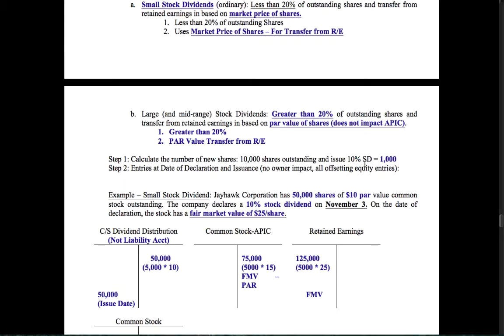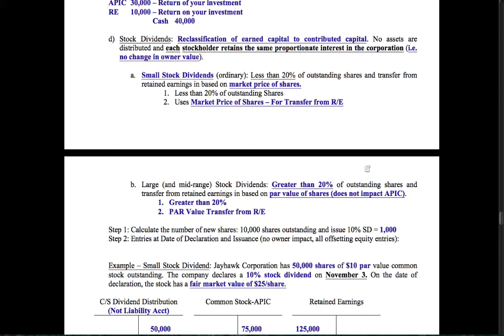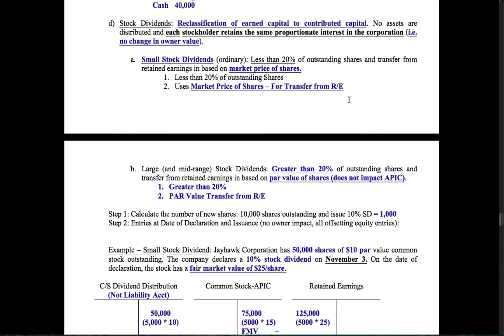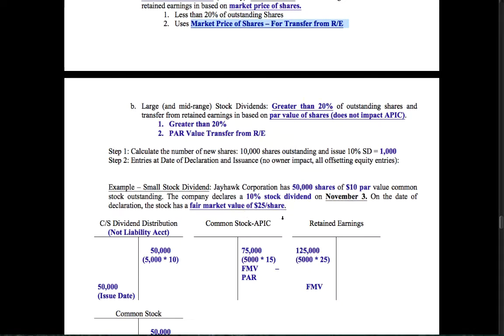I hope that this has been a good discussion on stock dividends, and the key things I've pointed out will help you understand these examples. In the simplest terms, remember, for small stock dividends you use market price of the shares, and when you do so you will have an entry needed to be made to common stock additional paid in capital, and that is because there is a difference between the market value and the par value.